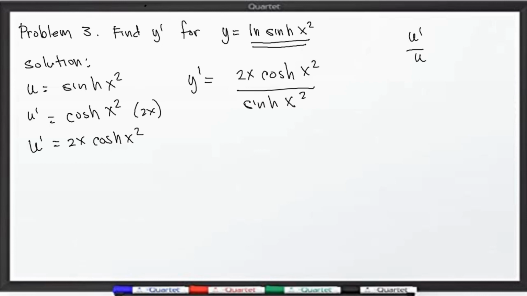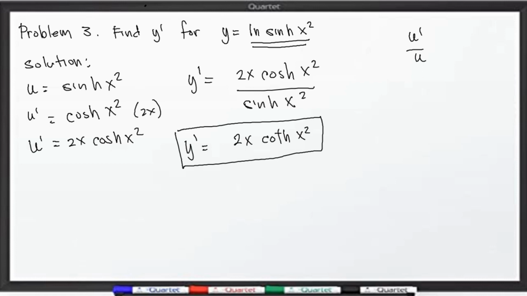Okay, but cosh over sinh will be coth. O edi pwede po natin sabihin y prime is equal to 2x coth x squared. Coth po, may h po, ano? Alright, that will be our final answer.